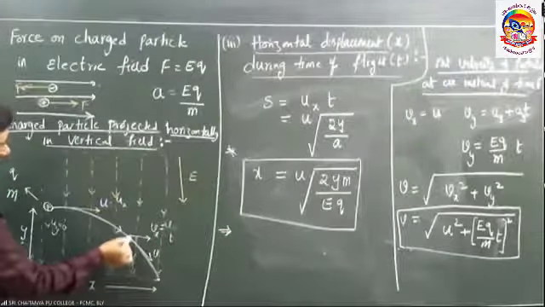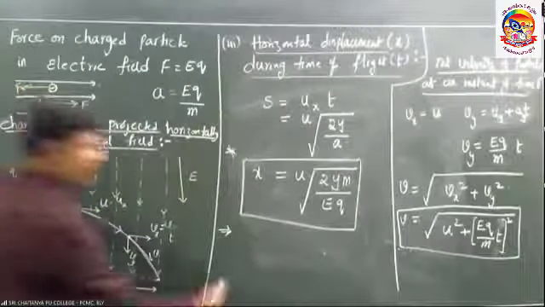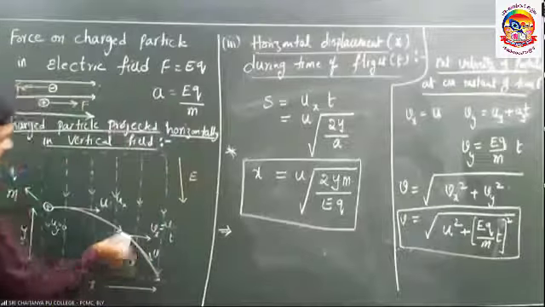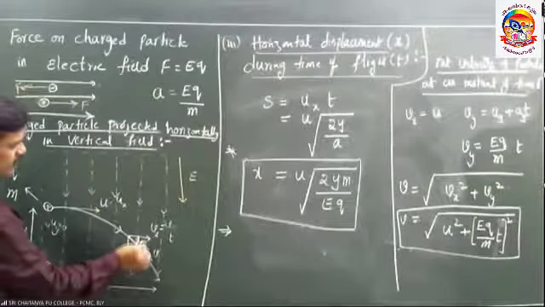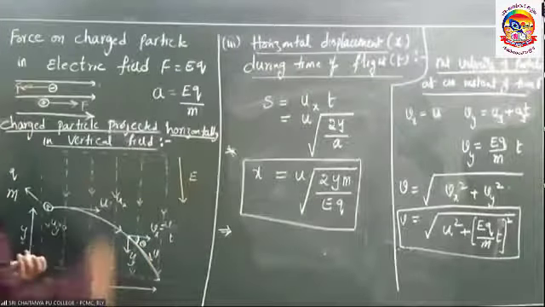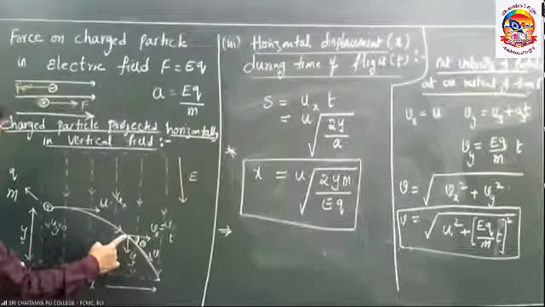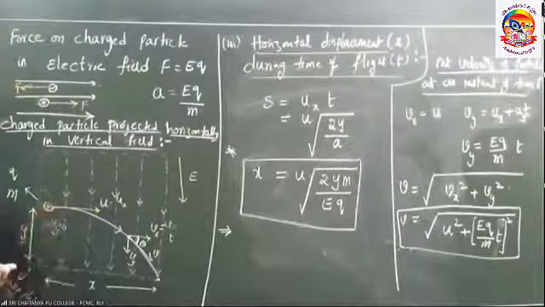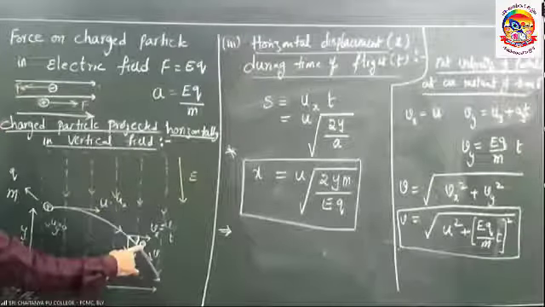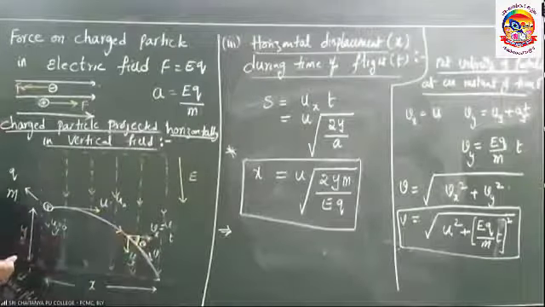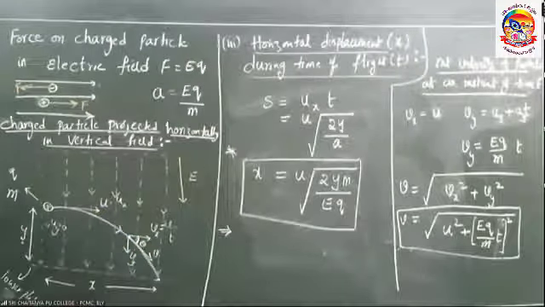Sometimes they ask, what is the direction of this velocity at that instant of time? Direction means the angle made by this with the horizontal. What is the direction of this velocity at that instant of time? That is what they ask. So this is the final velocity. It is making an angle theta with the horizontal. What is this theta?